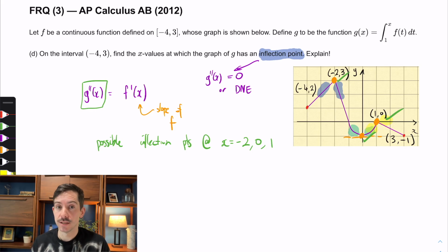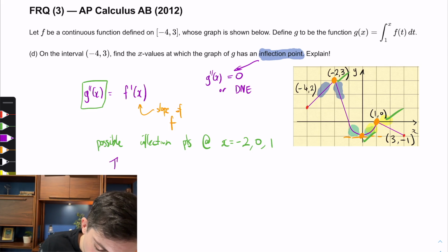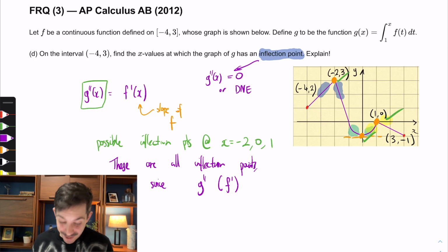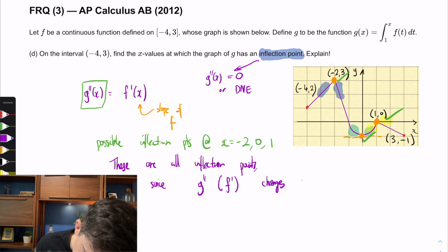On the other side of x equals 1, f is decreasing, so f prime is negative. So these are all inflection points, since g double prime, which remember is really just f prime, changes sign at each x value.